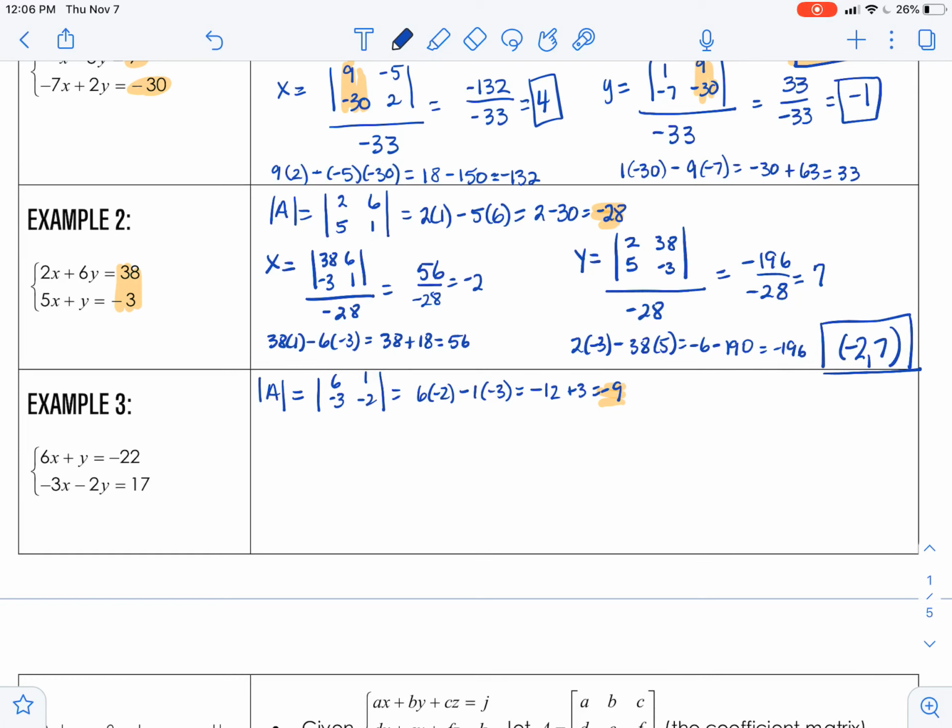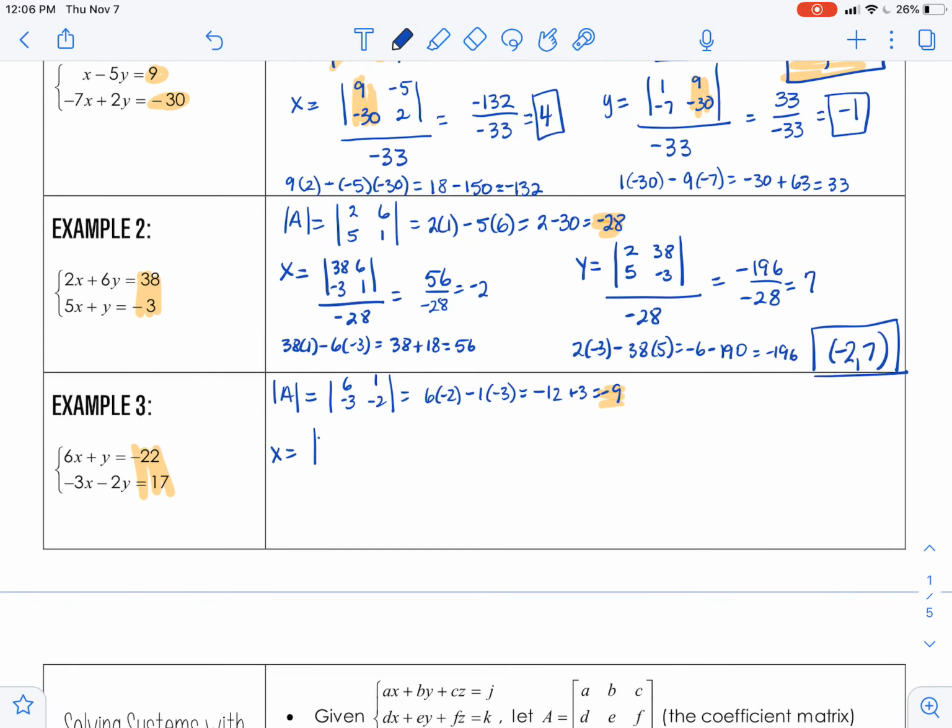Okay, so now I'm going to do my X's. So I am going to put in my constants for my X's. Numbers are getting bigger. I should have got a calculator. 1, negative 2. Again, just watch the signs. Again, I'm going to divide that by a negative 9.